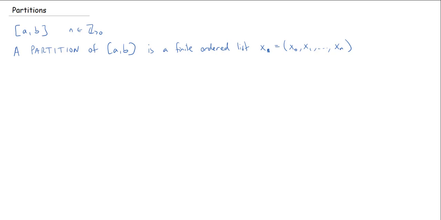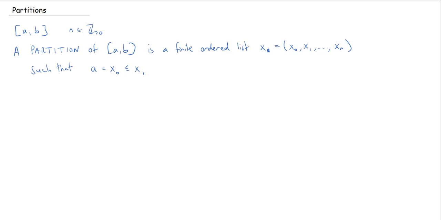But there's going to be a little bit more to it, such that it's not just any list, right? It should have something to do with this interval AB. So first, this very first term always should be the left side of the interval. Then the next term should be at least as big as the first term.